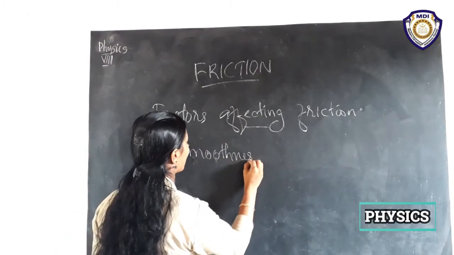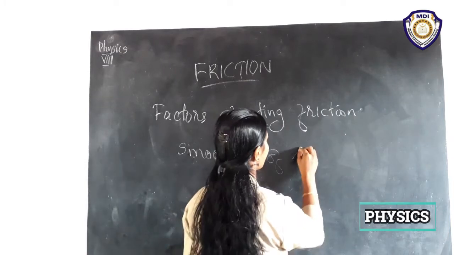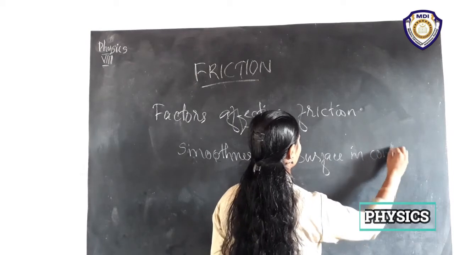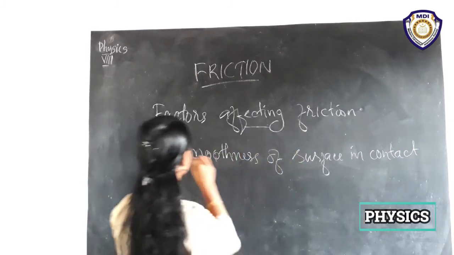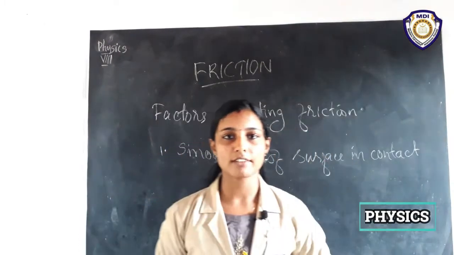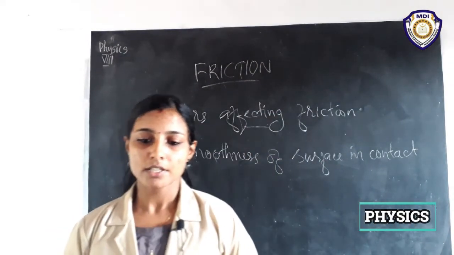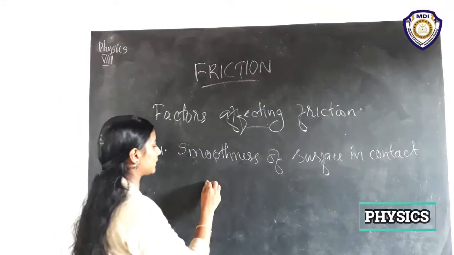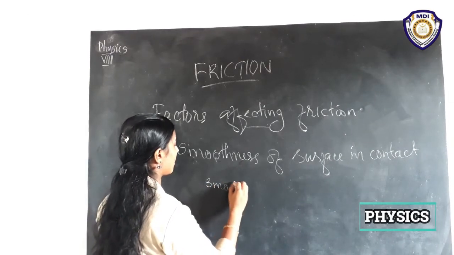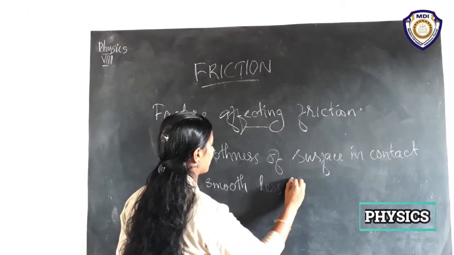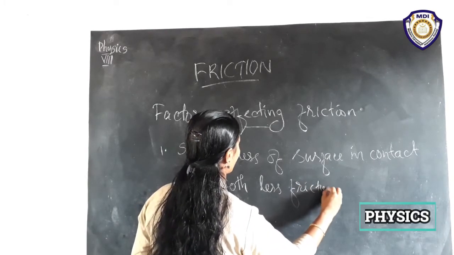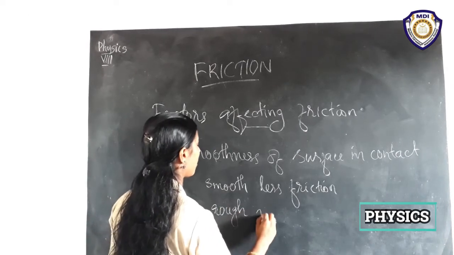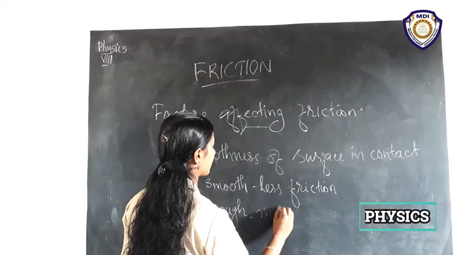Smoothness of surface in contact is one factor that determines friction, right? So smooth surfaces have less friction, and rough surfaces have more friction.